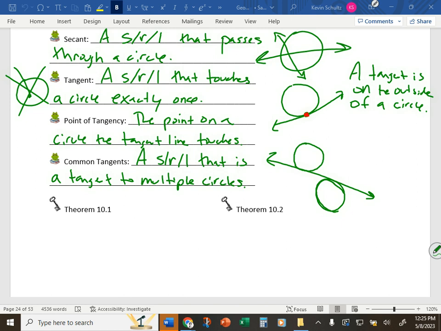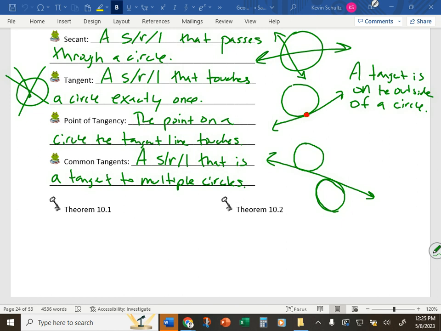And there are two theorems that have to do with tangents. Theorem 10.1 tells us this. Can I scroll up? Are we all good? Did you come up with theorem 10.1? No, it's a real thing.